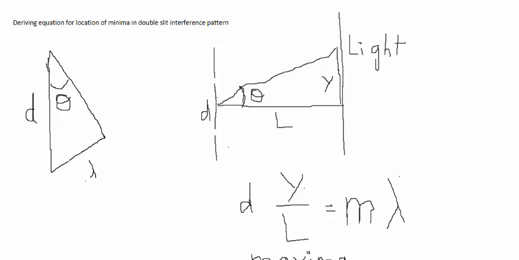And we have an equation for where to find the various maxima, or the bright spots. So if m is 0, that corresponds to the central bright spot. If m is 1, that's the first maximum. If m is 2, it's the second bright spot.